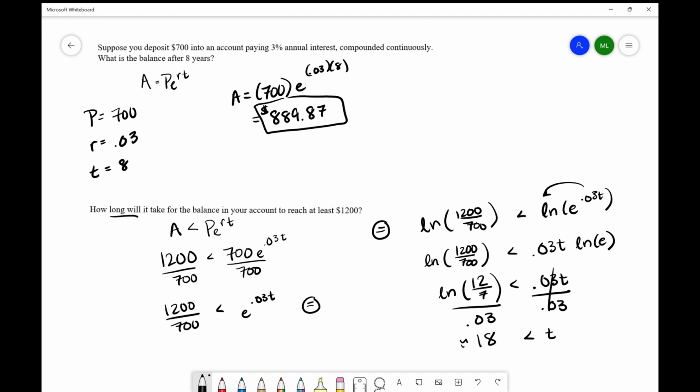So the time in years it will take for it to reach at least $1,200 will probably be at least about 18 years. All right, so we can say about 18 years, or t greater than 18.